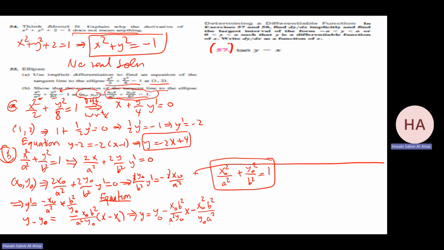I have this in both, so just multiply by y0 times a squared. So I have a squared y0 y equals a squared y0 squared minus x0 b squared x minus x0 squared b squared.